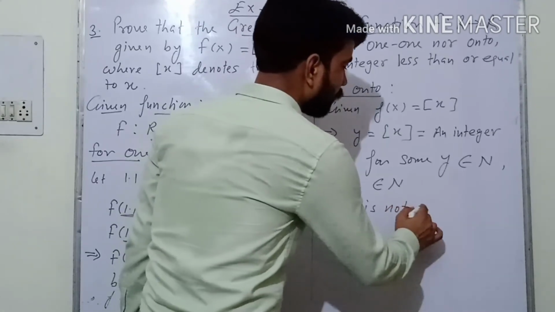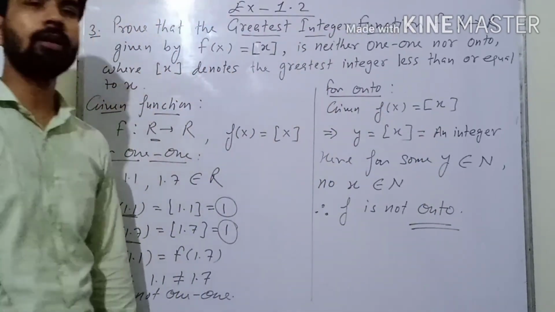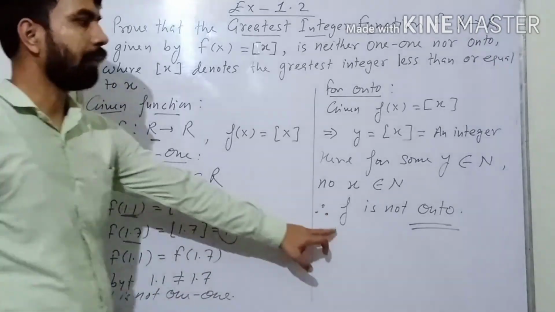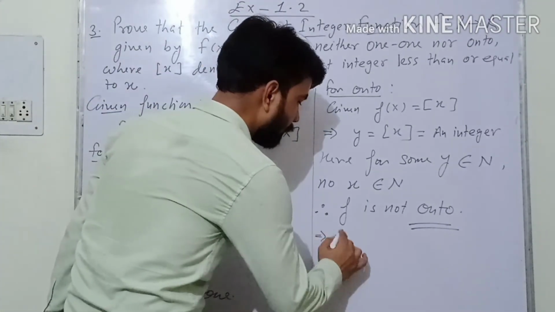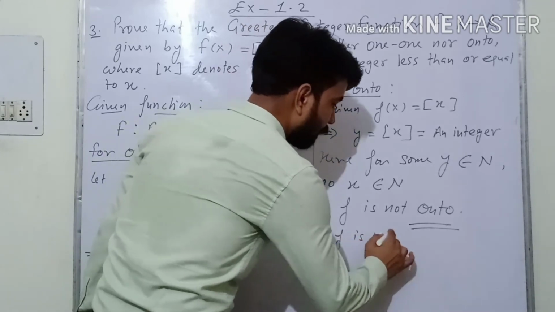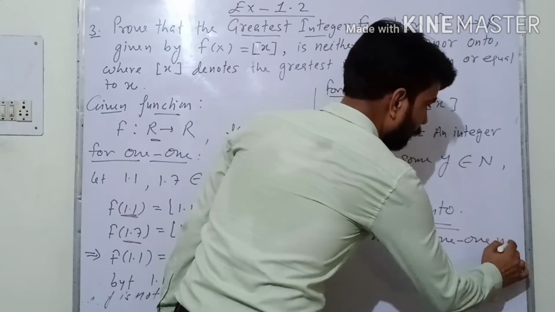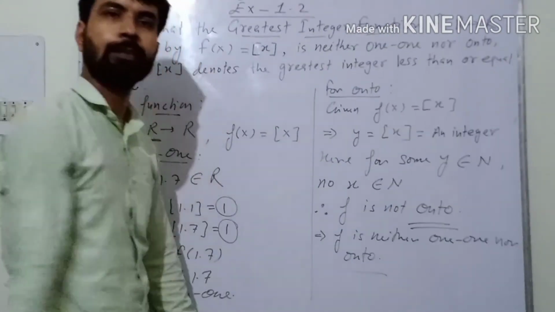Hence f is not onto. So we have already proved f is not 1-1 and f is not onto. So at last we write: hence f is neither 1-1 nor onto. Clear?